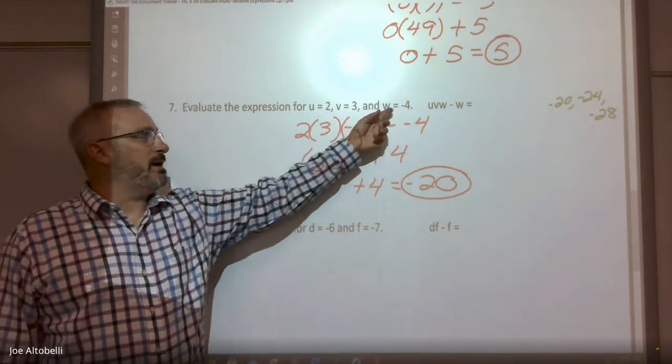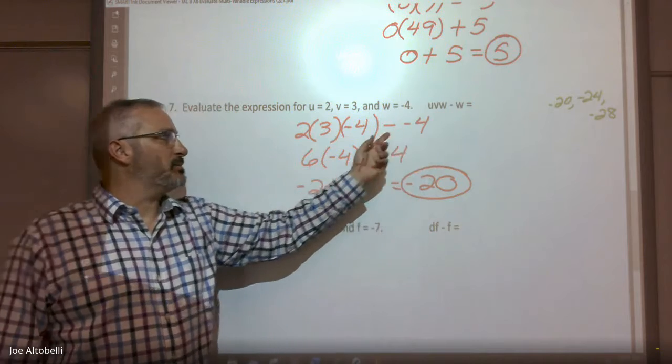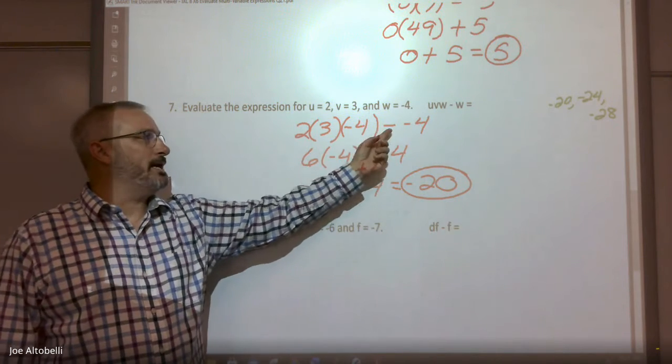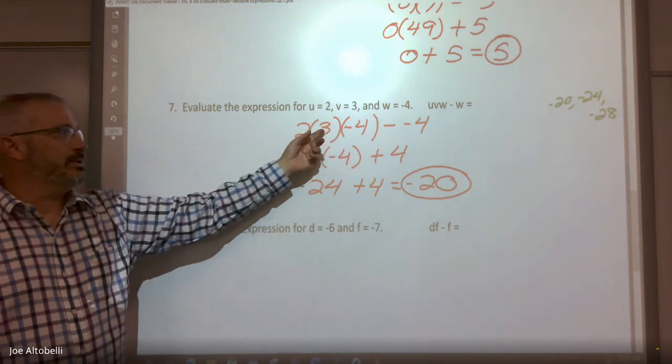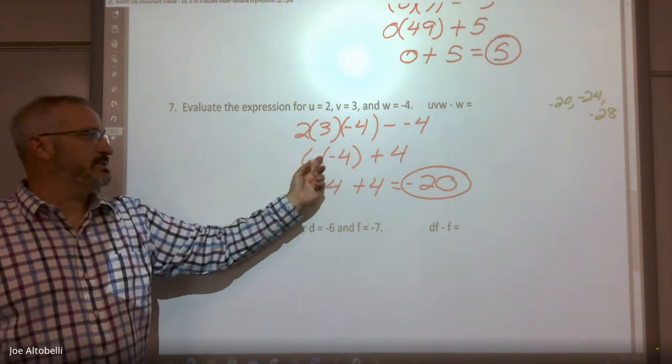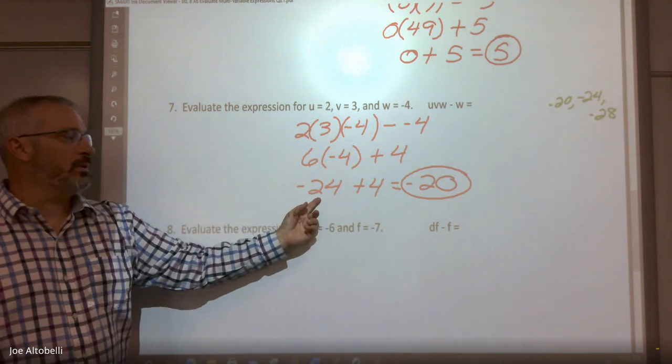So substituting my values in to the expression, I'm going to do my multiplying before I do my subtracting or adding the opposite. 2 times 3 is 6, and then 6 times the -4 is -24.